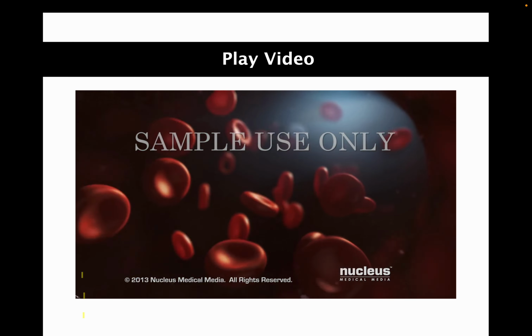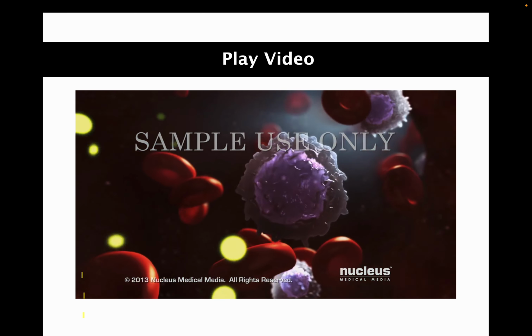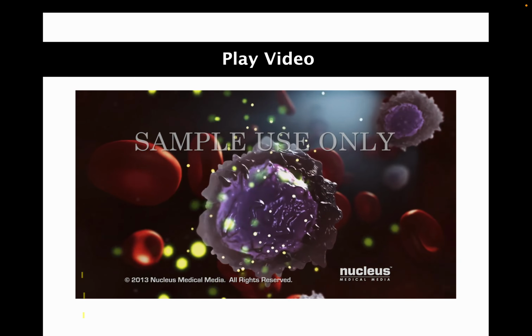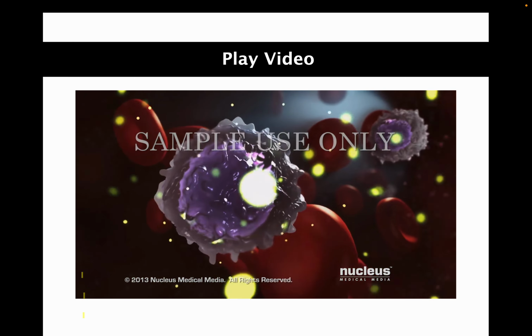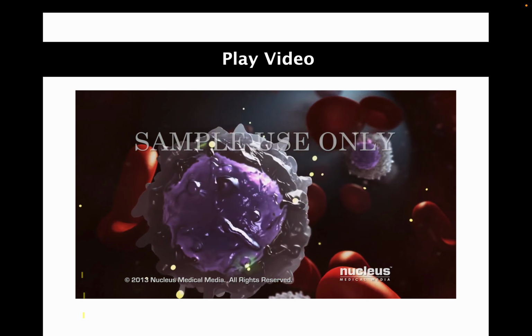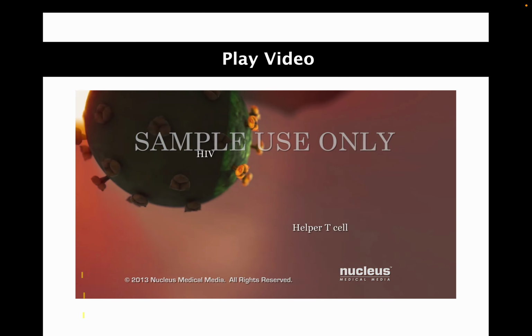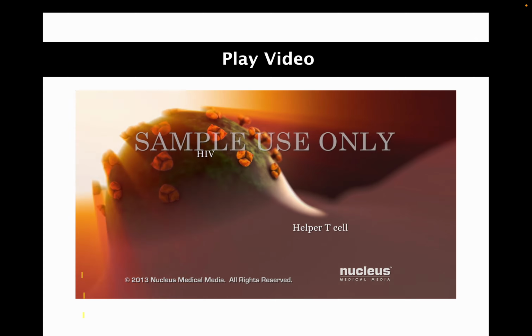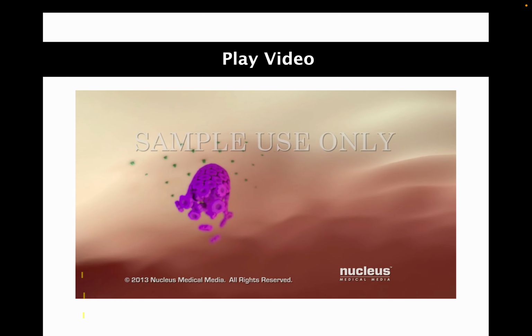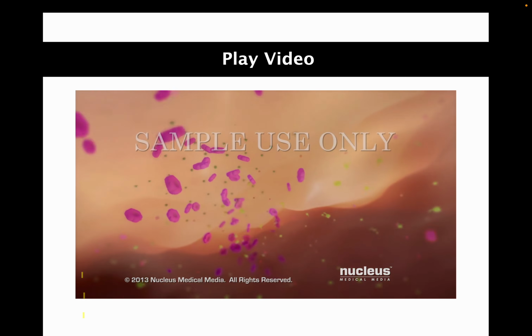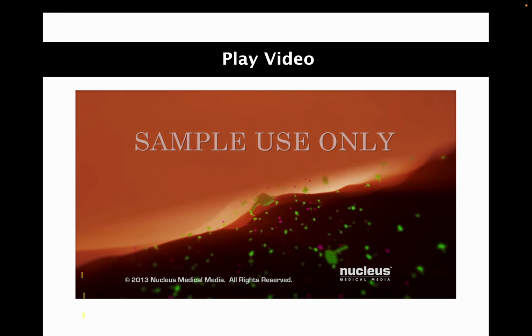If you have HIV, it travels through your blood and other body fluids to infect and kill certain white blood cells. The virus enters helper T cells, which are the primary target. Once inside, the virus makes many copies of itself.